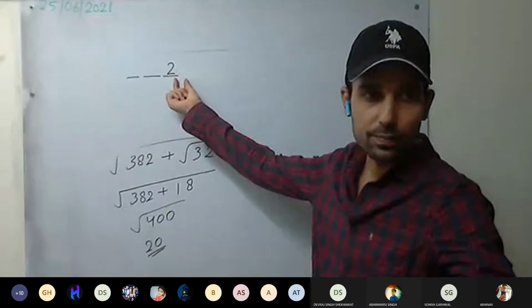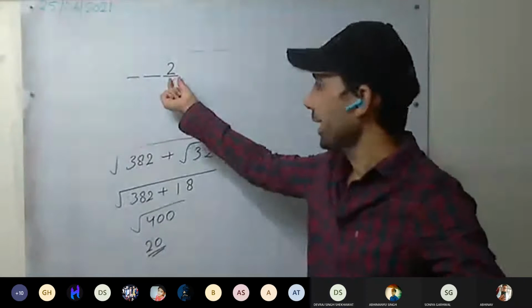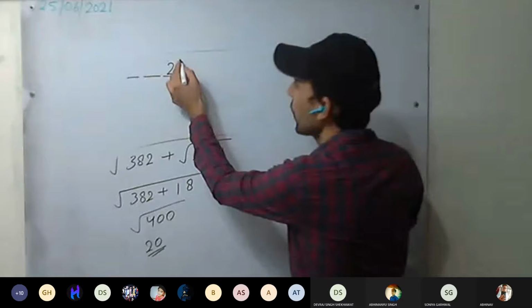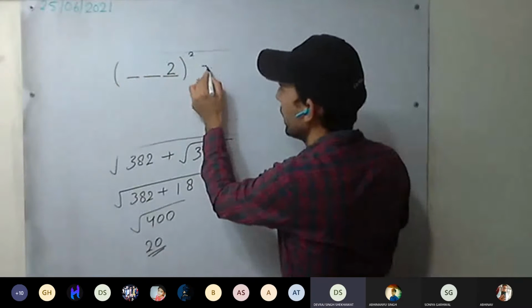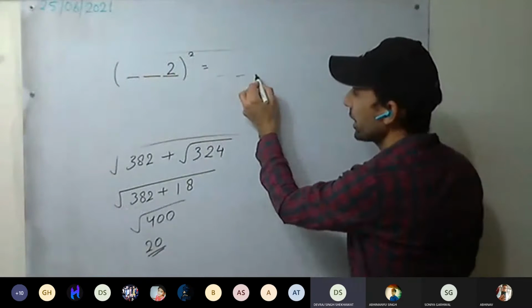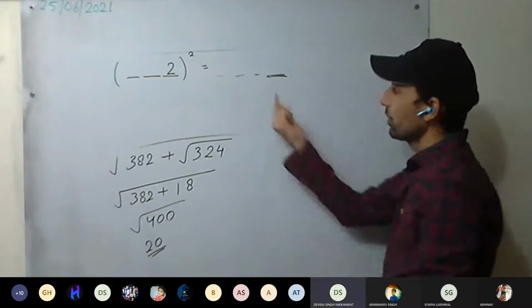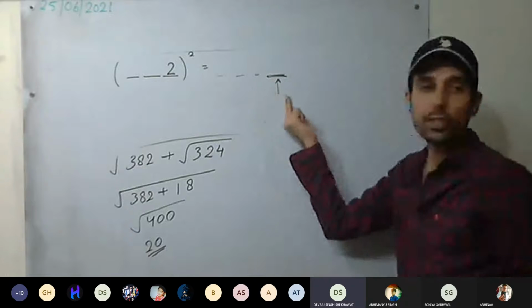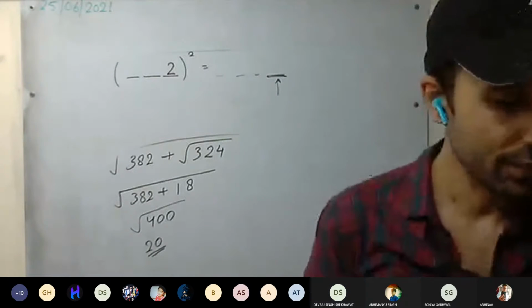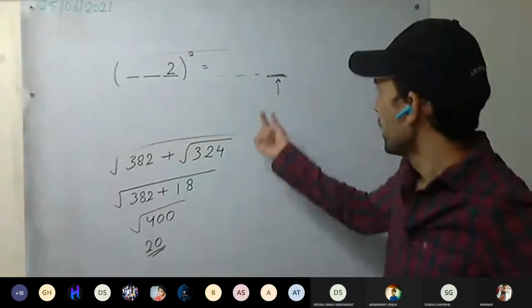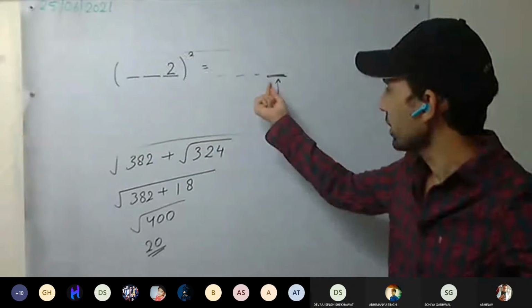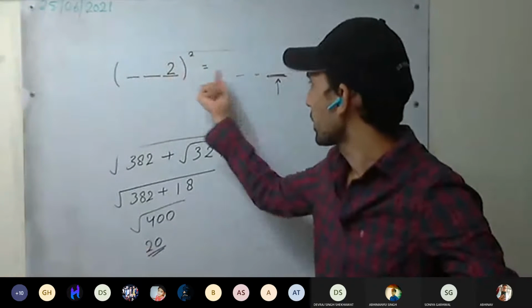It's a number ending in 2, and we take its square. Again we get a number and we have to find the unit digit of the square of this number.